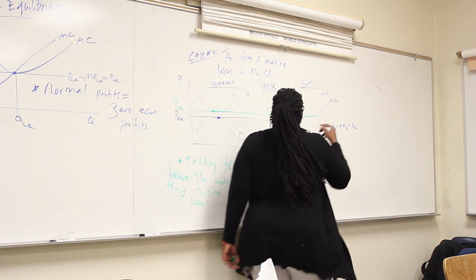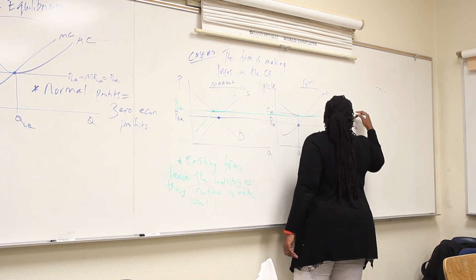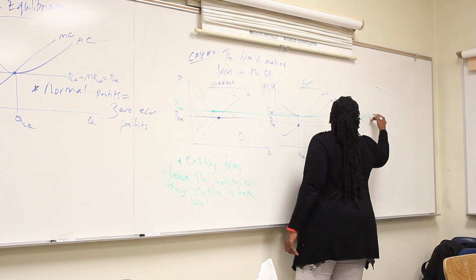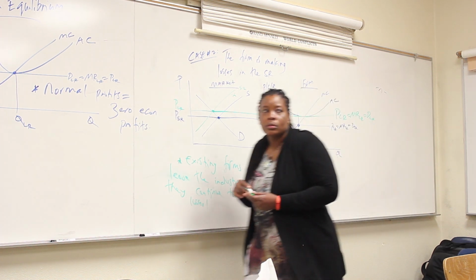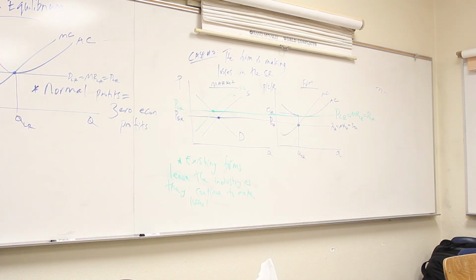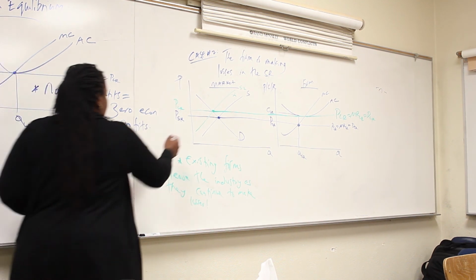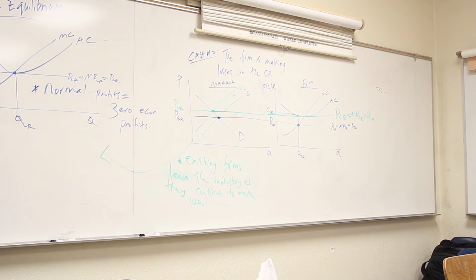This is the new price that the firm has to take. Clean it up, only focus on the long run stuff. Does it look familiar? It looks just like this. If you clean it up and only focus on the long run, you still end up here.